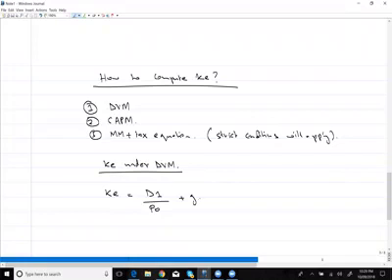Or you can also write it this way, KE is equal to D0 (1 plus G) divided by P0, plus G.